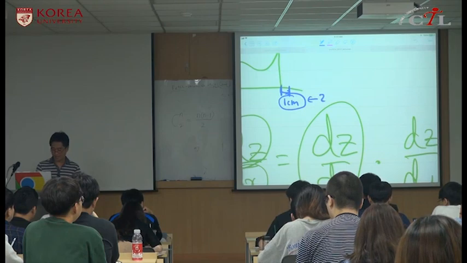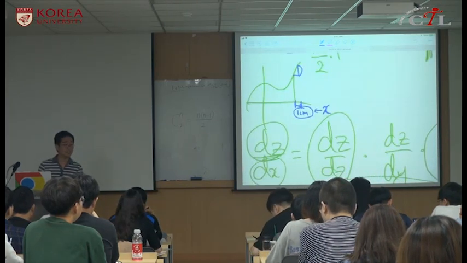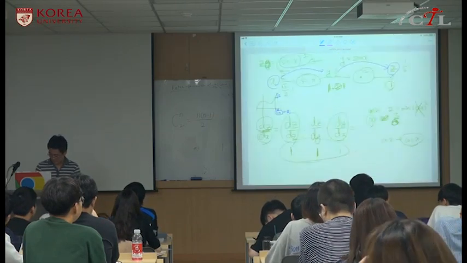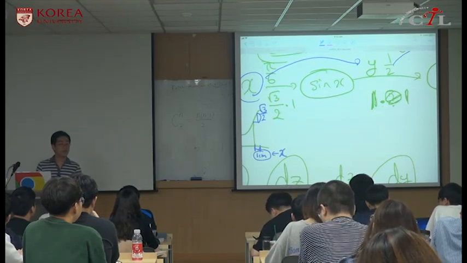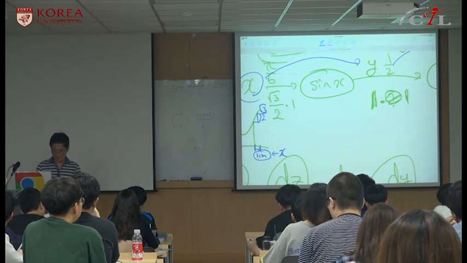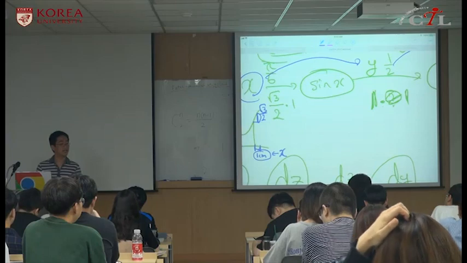So this is an x, right? And suppose when x changed by 1 centimeter, y changed by square root 3 over 2, right? So that is the amount of change of y, okay?